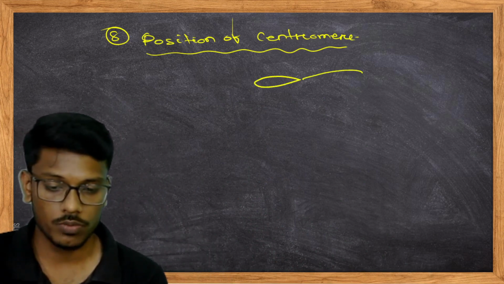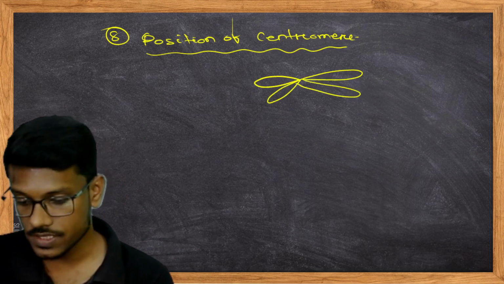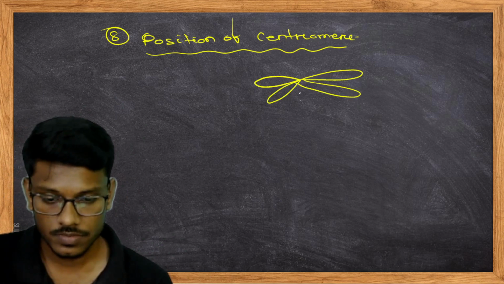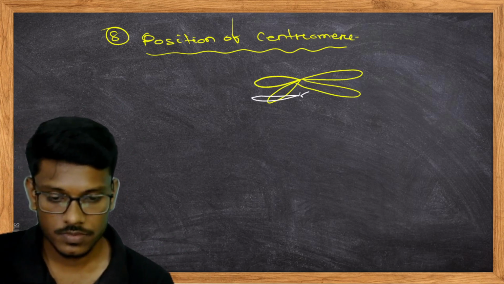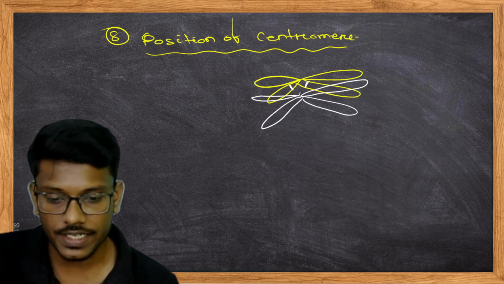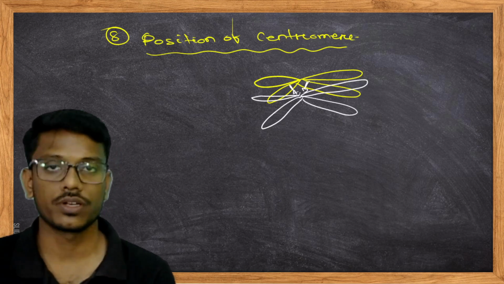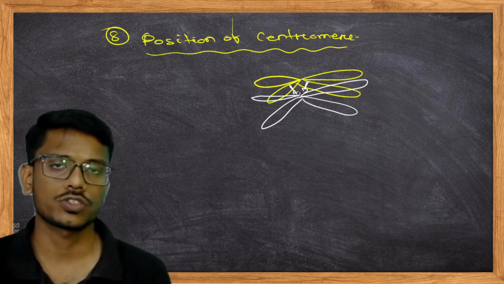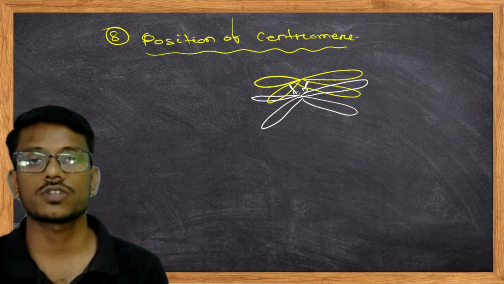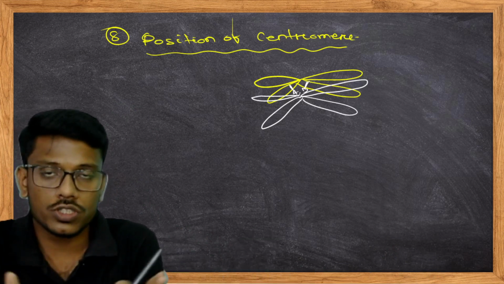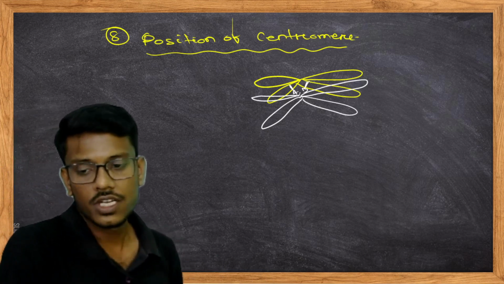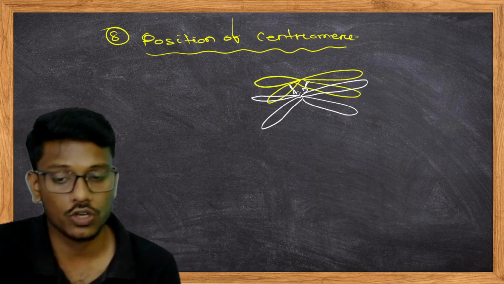Suppose this is one chromosome and this is another chromosome. If the genes are located nearer to the centromere, then there is less chance of crossing over, because if there is more distance between the genes, then there will be more chances of crossing over. And if they are closer to the centromere, that means they have very less distance, so there will be less crossing over.